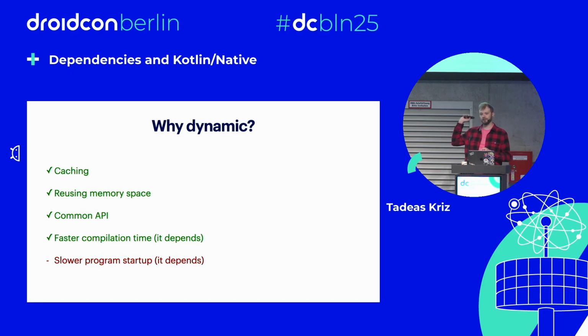And with that comes reusing memory space. Again, on mobile, we can't use that because our apps run in a sandbox, basically in a container, and we load everything again. But imagine you have a huge dynamic library living in the system folders. It's a gigabyte, and everything that you want to use needs to be loaded into memory. Now you have opened two apps, both using the same library. If they are linked statically, even though they contribute a minimal amount, a few kilobytes on top of that library, they're just providing you access to the library.